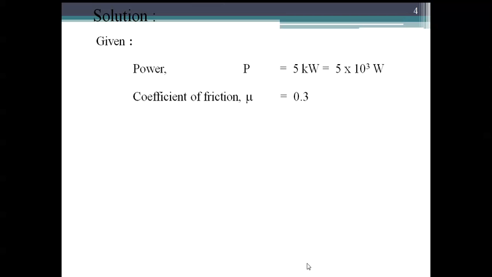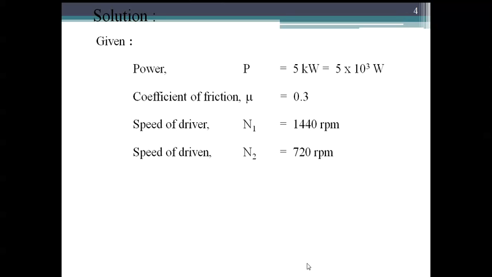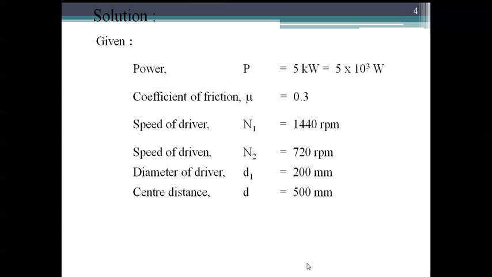Coefficient of friction is 0.3, driver speed N1 equal to 1440 rpm, N2 is 720 rpm, D1 equal to 200 mm, whereas the center distance between the two pulleys D is 500 mm.